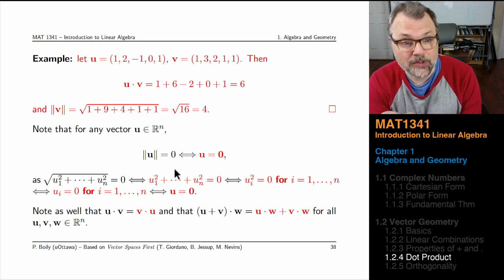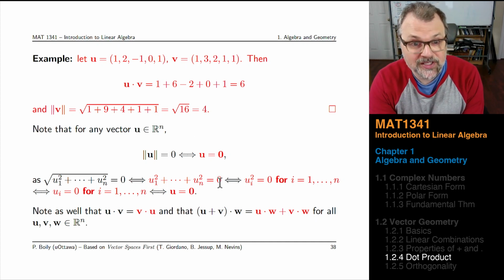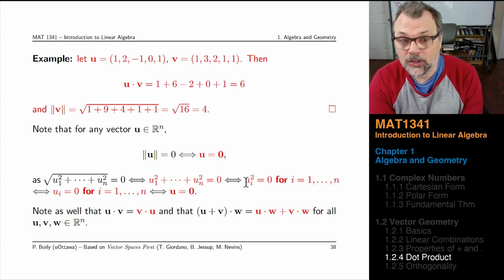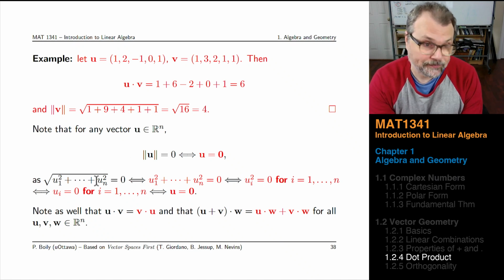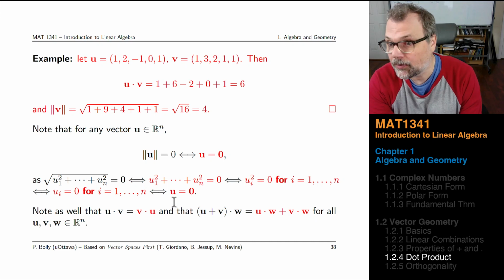But if the sum of them is equal to 0, it means that the square of each of the coordinates separately has to be equal to 0, which means that each of them separately is equal to 0. The square is 0, the actual value itself is 0, which means that the vector is 0.